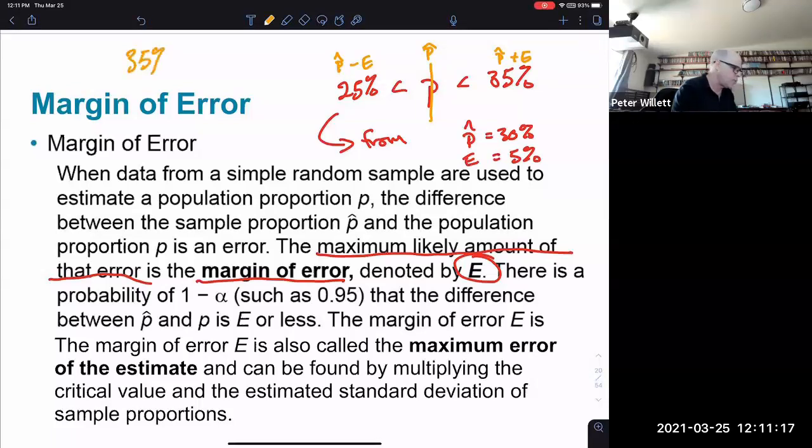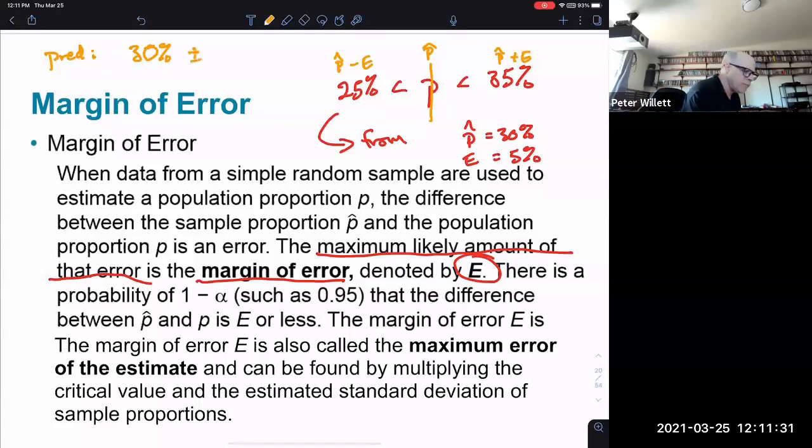No, I'm sorry, 30%. I want to use my same numbers here. So our prediction is that it's 30% because that was their p hat. And then they'll say something like plus or minus 5%. Or they'll say literally with a margin of error of 5%.